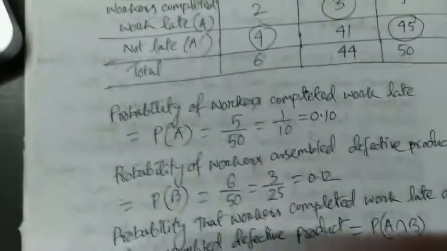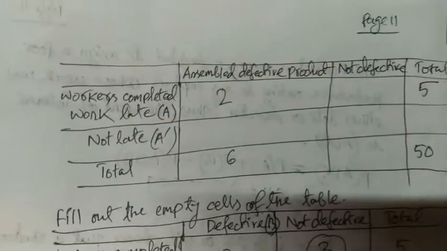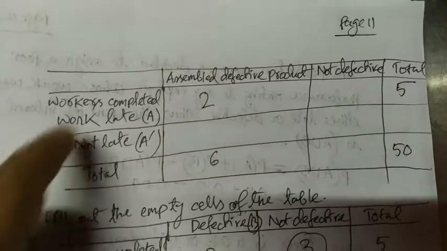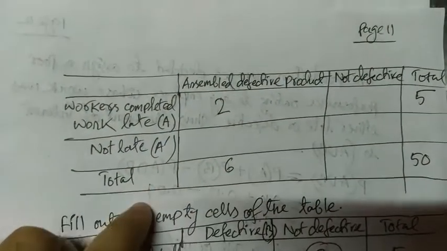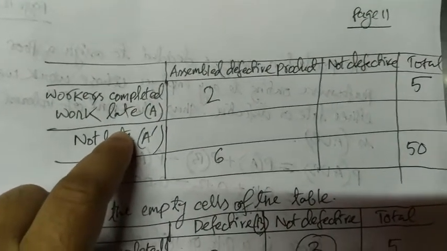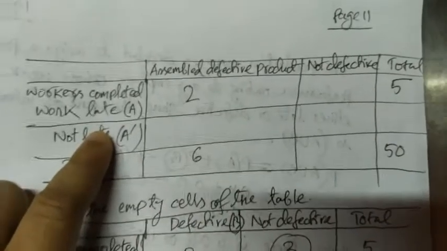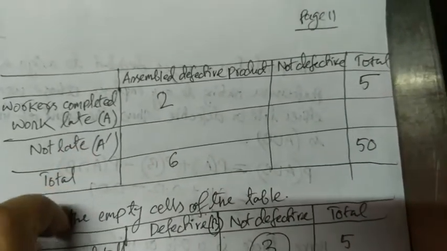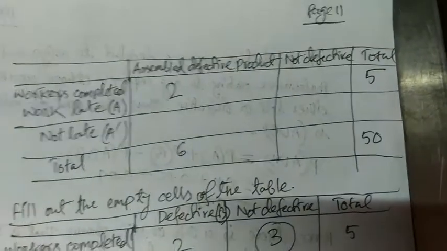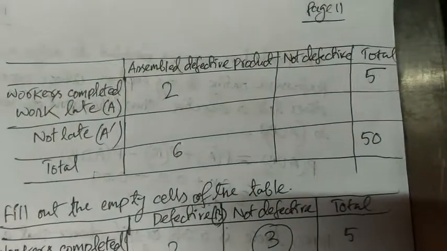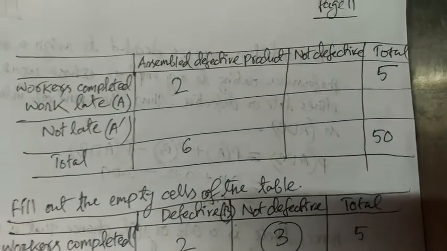Right. So now we will move to page 11. We have a table here. An operations manager tried to collect data about the operations people, the assembly workers.